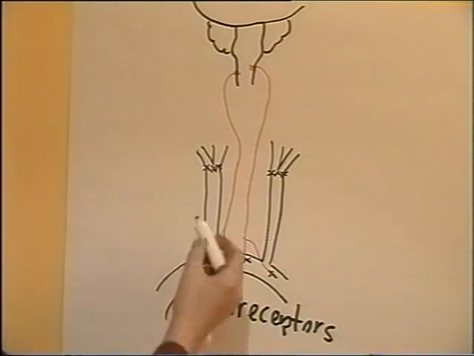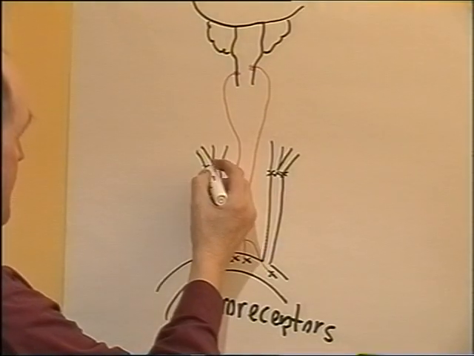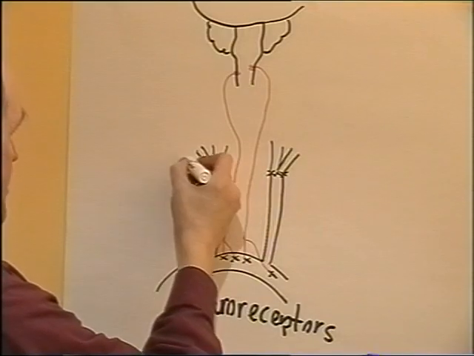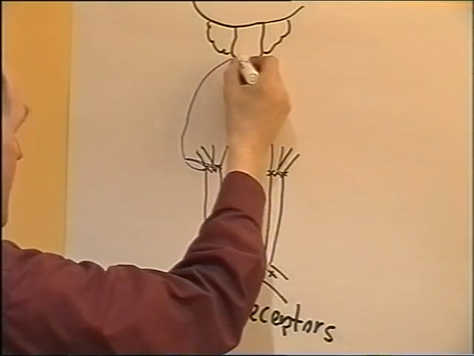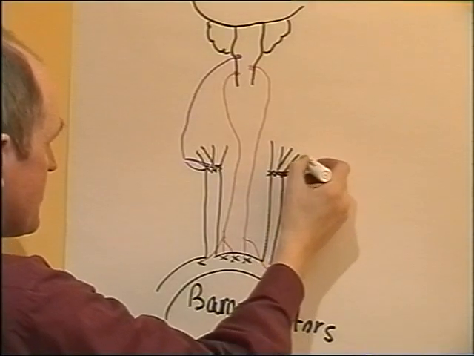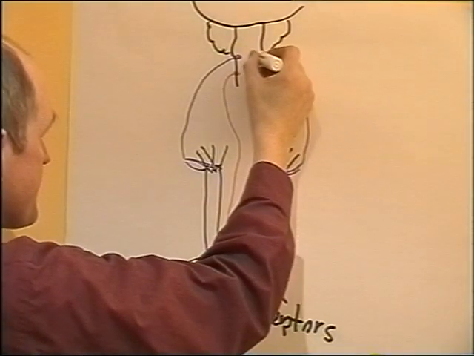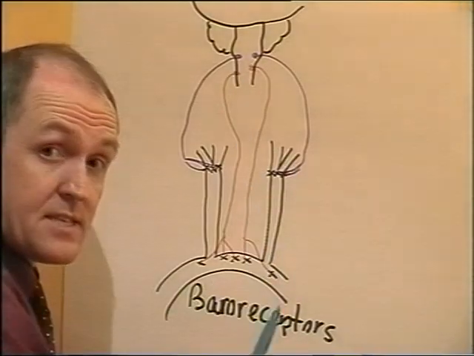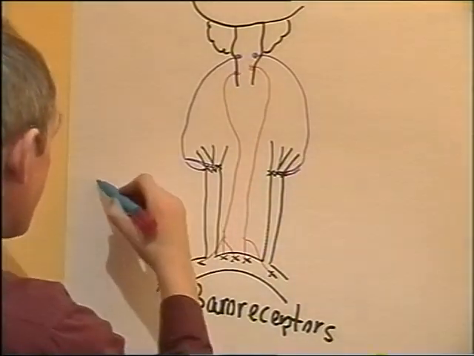The baroreceptors in the carotid arteries form branches of another nerve that goes up and joins the brainstem as well. So the nerve that connects the baroreceptors in the aortic arch up to the brainstem is the vagus nerve.